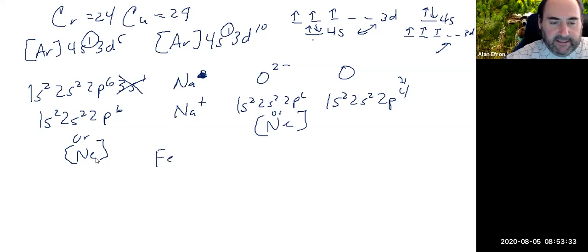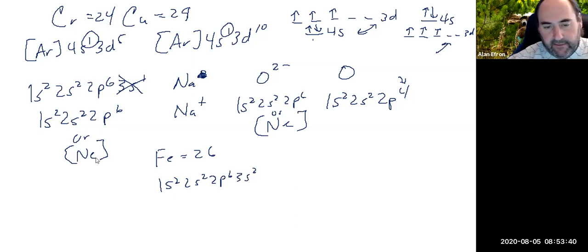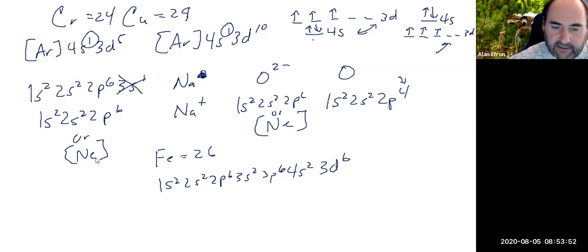Iron is 1s2, 2s2, 2p6, 3s2, 3p6, 4s2, and 3d6. When iron becomes iron with a +2 charge, it's down to 24 electrons.